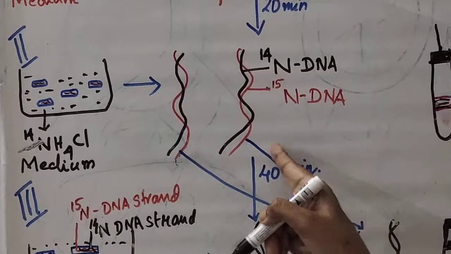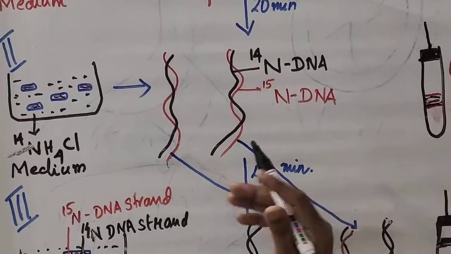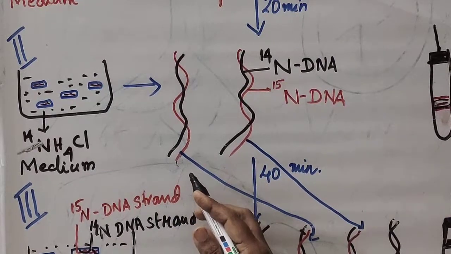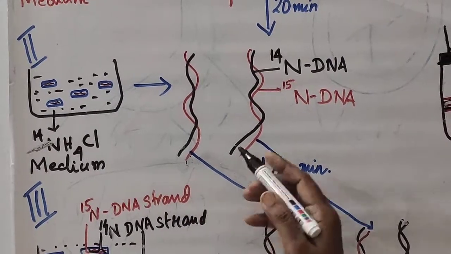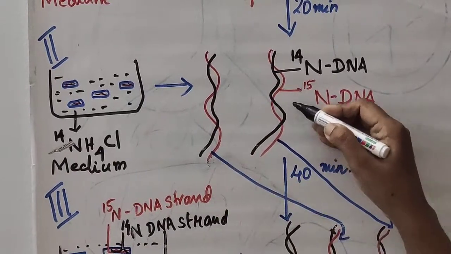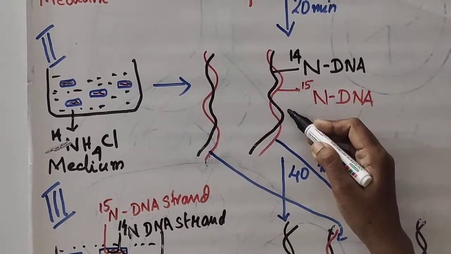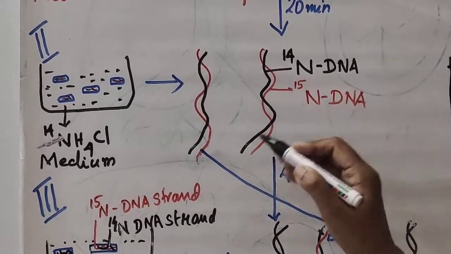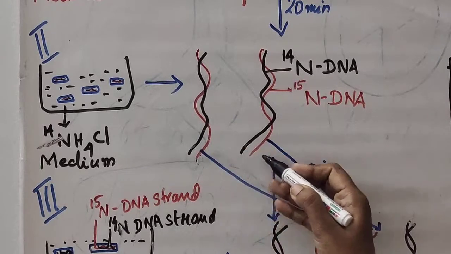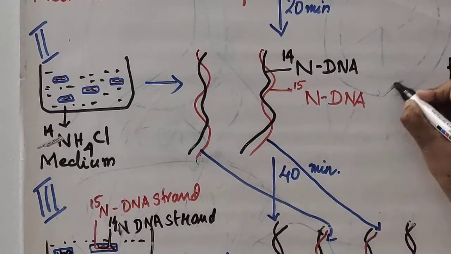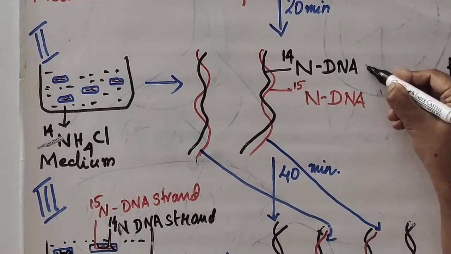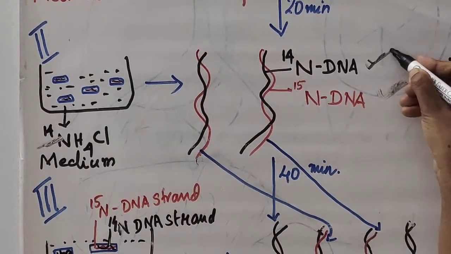After 20 minutes, they saw that 2 E. coli were produced from a single parental E. coli, and when they isolated the DNA, they could see that out of the 4 strands of DNA, 2 were parental N15, that is in red color, and the other 2 strands were the new N14.